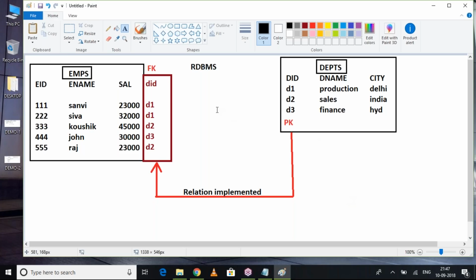After relation, we can fetch complete and accurate data. Simple example, all of you see carefully. How many employees under Sales? What is D2? How many employees are there? 2 employees. Able to see?